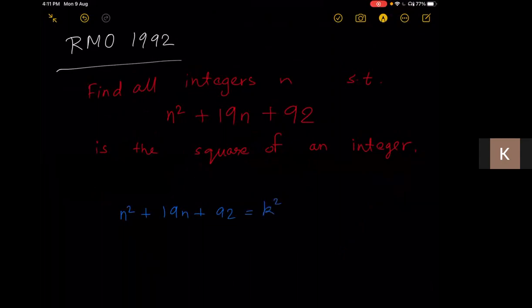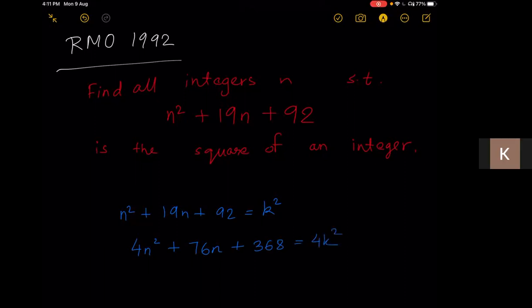Okay. Then we'll multiply the whole equation by 4. So we get 4n square plus 76n plus 368 is equal to 4k square.